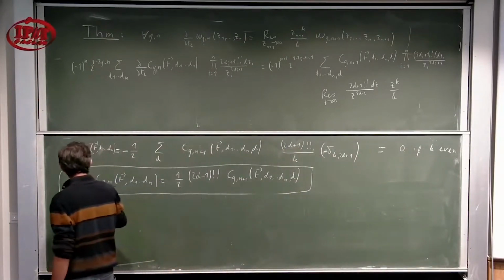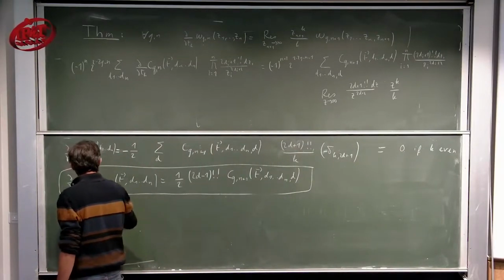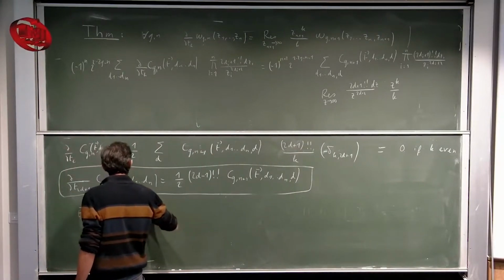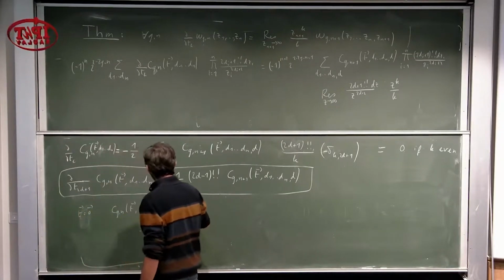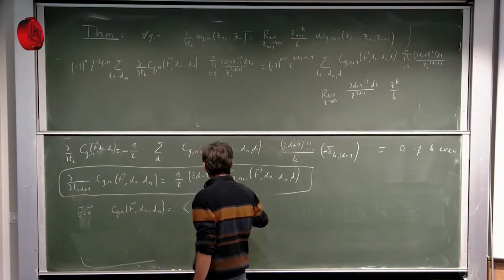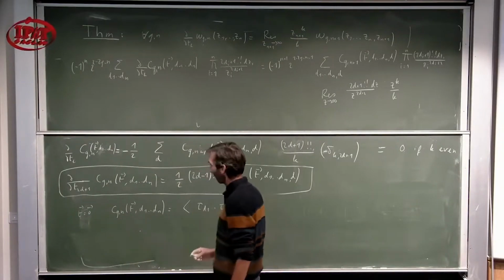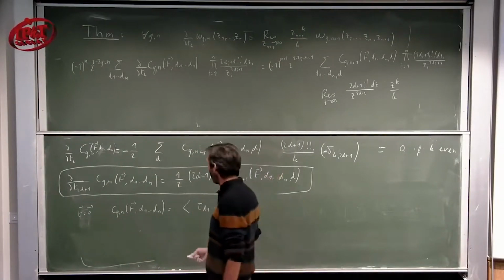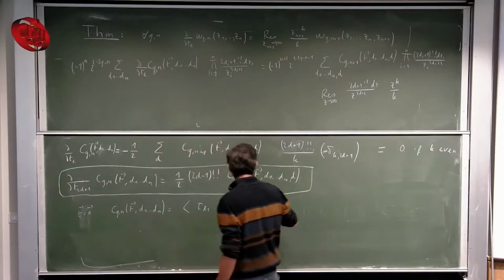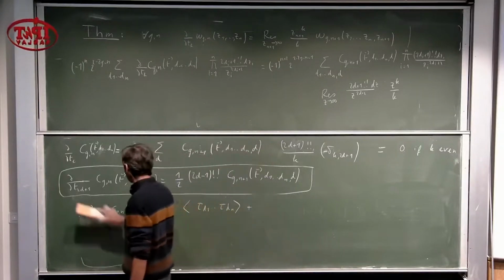So remember that when t equals 0, we had that C_{g,n} of d1 ... dn was equal to tau d1 ... tau dn. So let us start by doing the Taylor expansion.